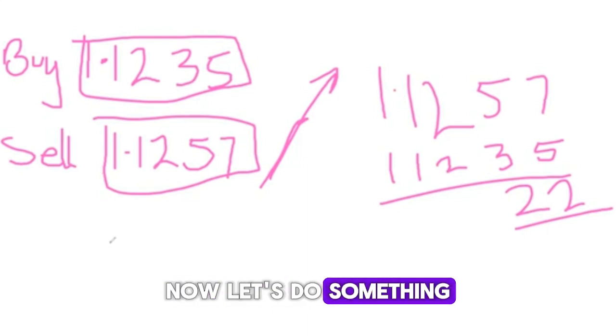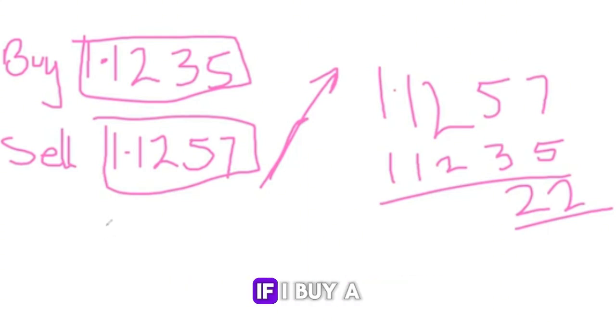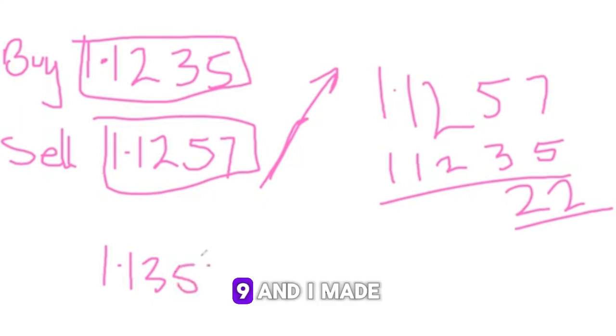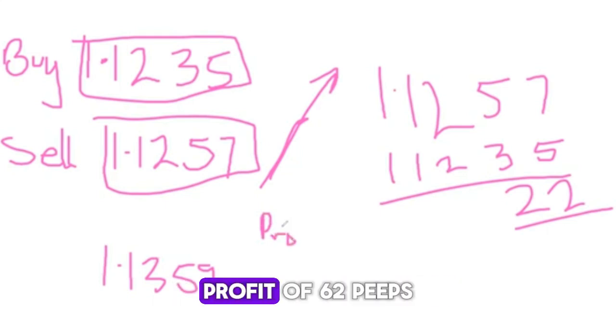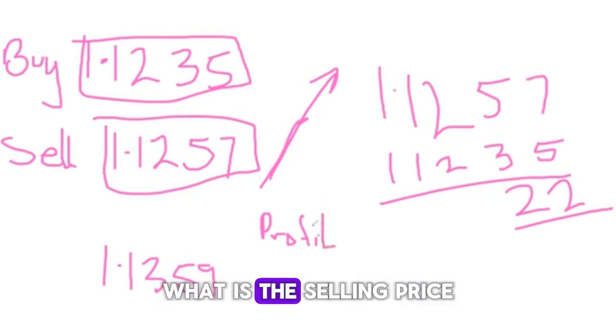Now, let's take it further. If I take a buy on Euro USD at 1.1359, and I made a total of 62 pips profit, what is the selling price?